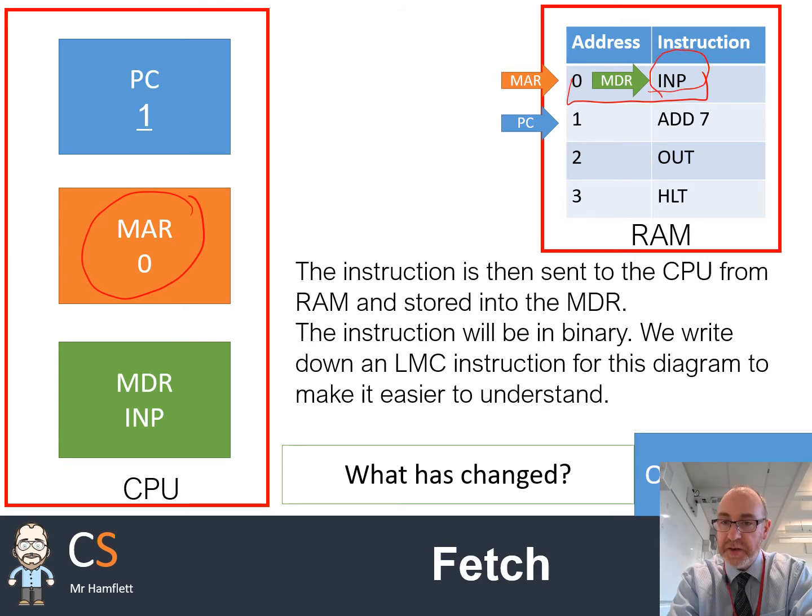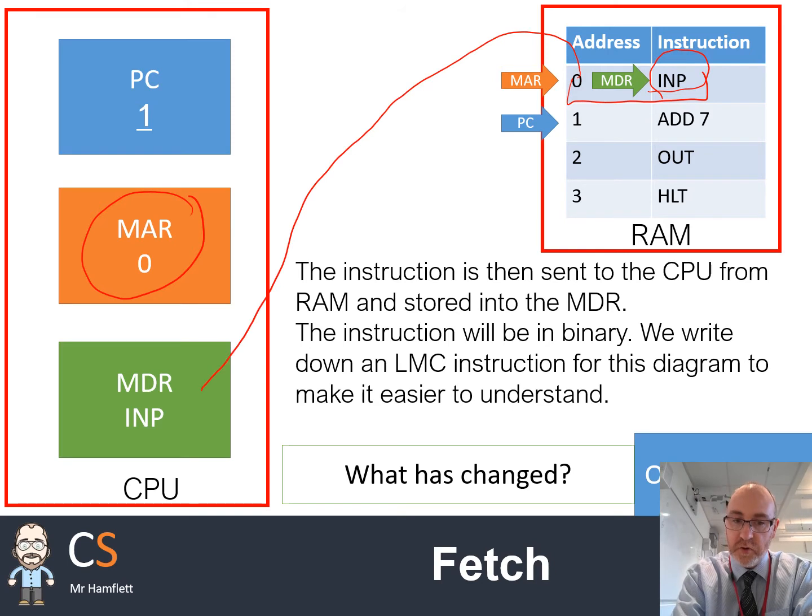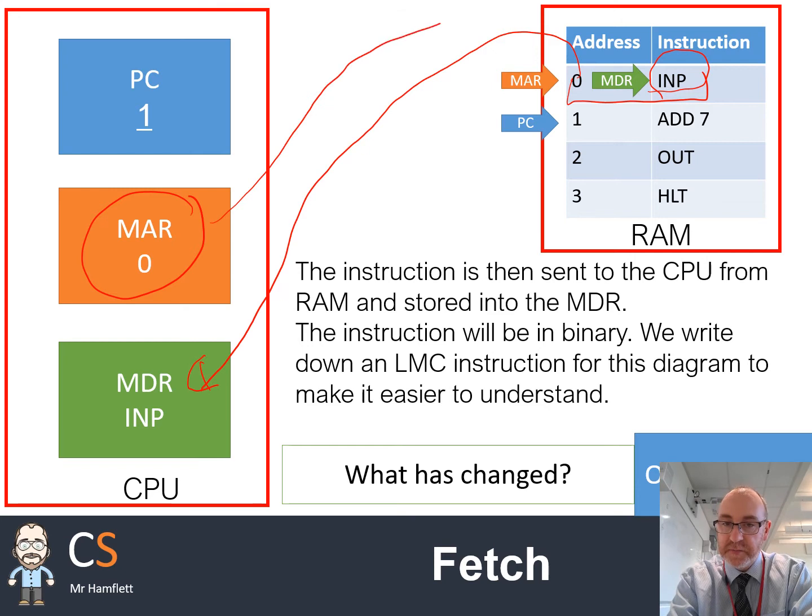That command, the instruction, is then sent down the bus all the way to the MDR inside the CPU, where it's stored. So we use the address of the MAR, which will go down the bus to RAM. It will then find the instruction at that address and send it back down the bus to the MDR where it's stored to be decoded and executed later.